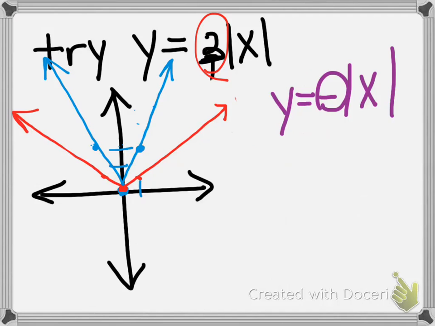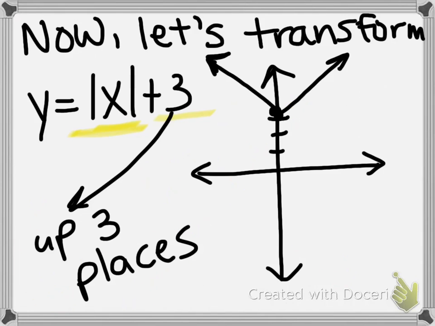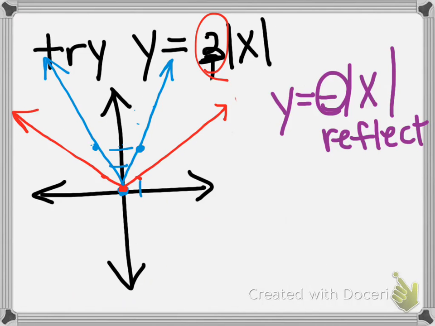Well, this negative tells me that we're going to reflect or flip my graph. So we know the absolute value graph looks like this. So when we flip it, we're going to come across the x-axis and we're going to give it some symmetry. So let me show you that on a brand new page.